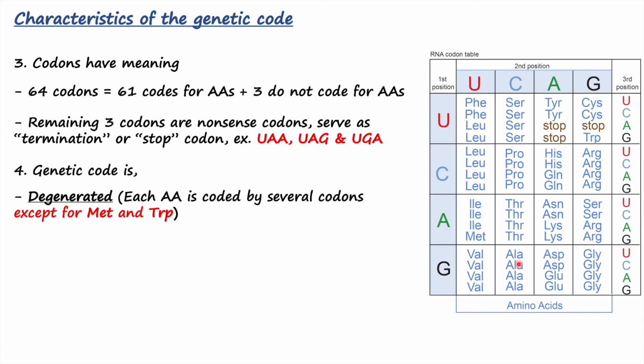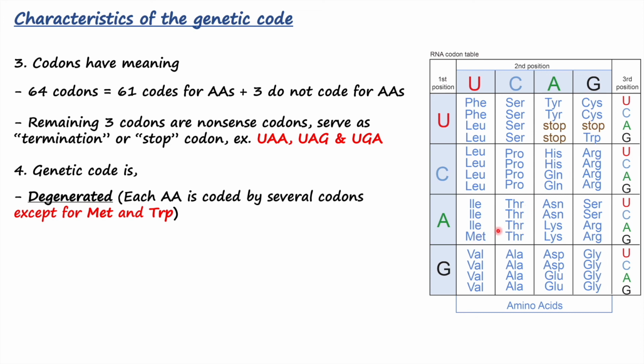Likewise alanine and valine are all coded by 4 codons, and therefore they are called degenerate, except for methionine. There is only 1 codon for methionine as well as for tryptophan. So that is the exception: methionine and tryptophan only have 1 codon which codes for that particular amino acid.